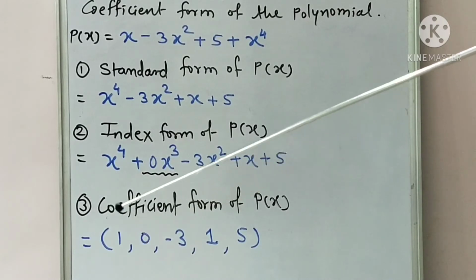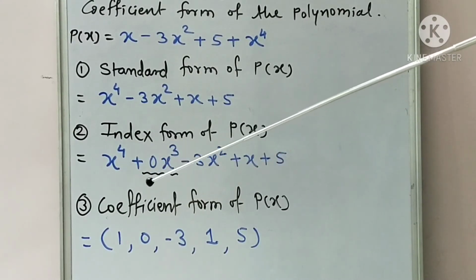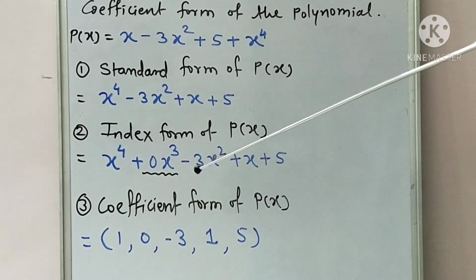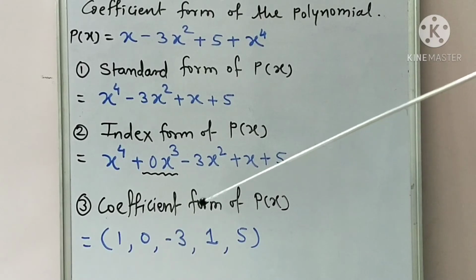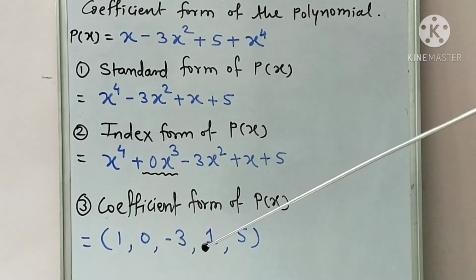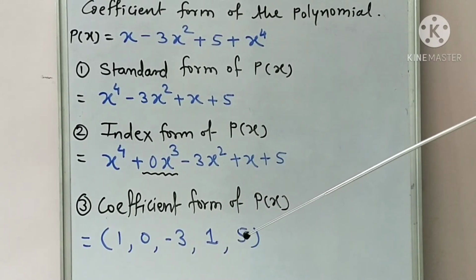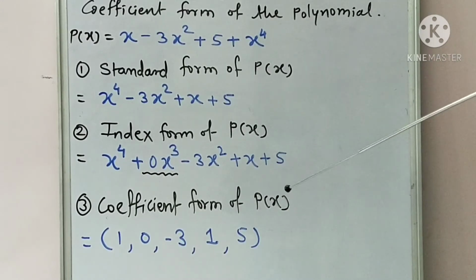So here the coefficient of x raised to 4 is 1, then 0, then minus 3, the sign is also important, then 1, and the constant term is 5. 1, 0, minus 3, 1, 5, this is the coefficient form of the given polynomial. Getting this?